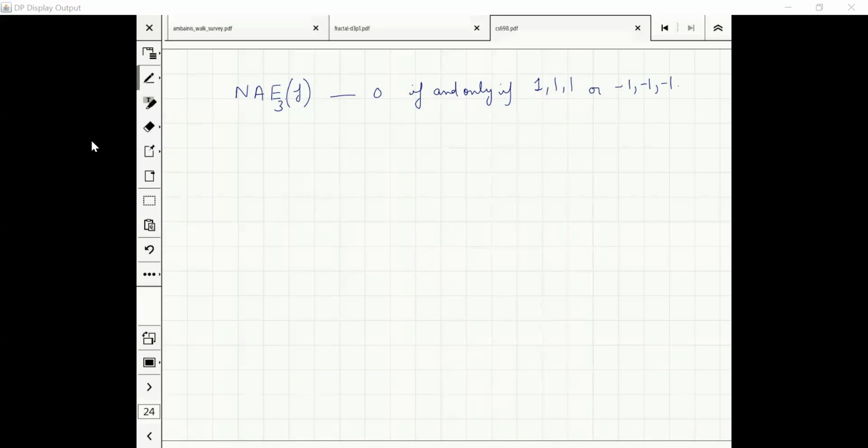How can we decide? That means every row should be one of the satisfying inputs of this function, NAE3.